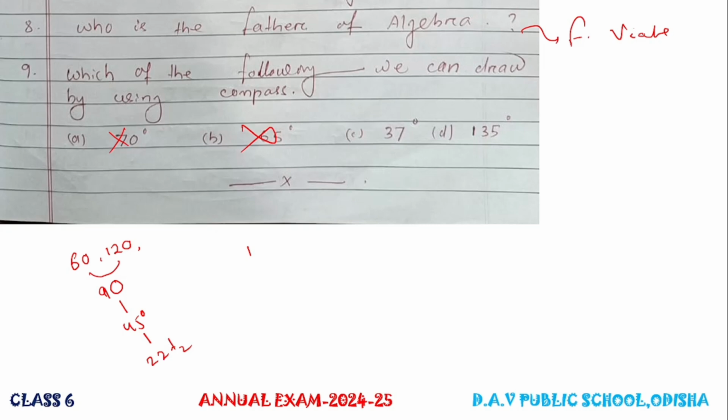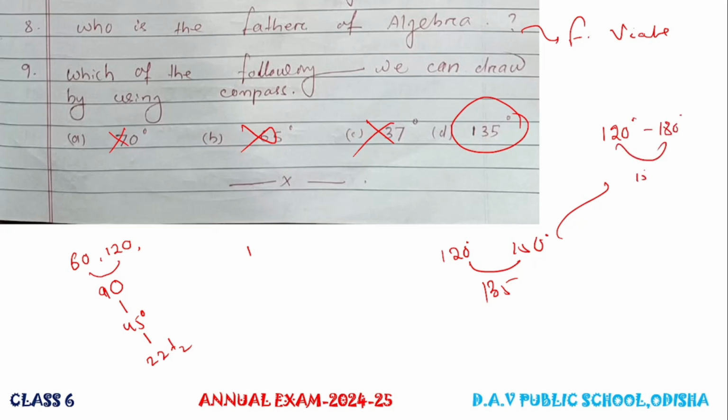And 37, no, we cannot draw using a compass. 135 we can draw because when we bisect 120 degrees and 150 degrees, we get 135. So how to draw 150? When we bisect 120 degrees and 180 degrees, we find 150 degrees. So the answer is 135.